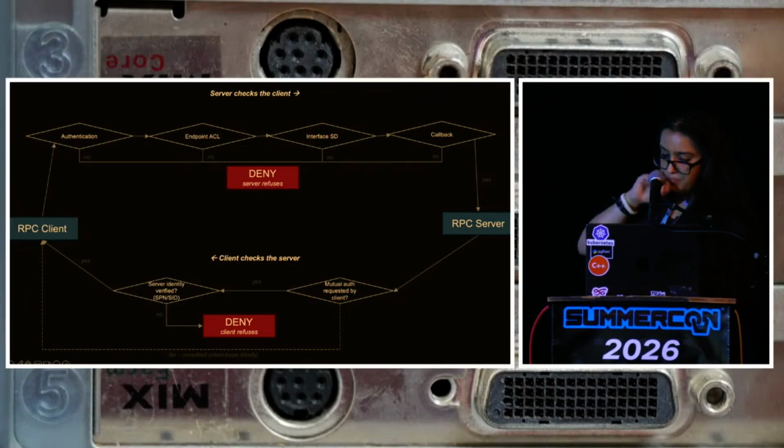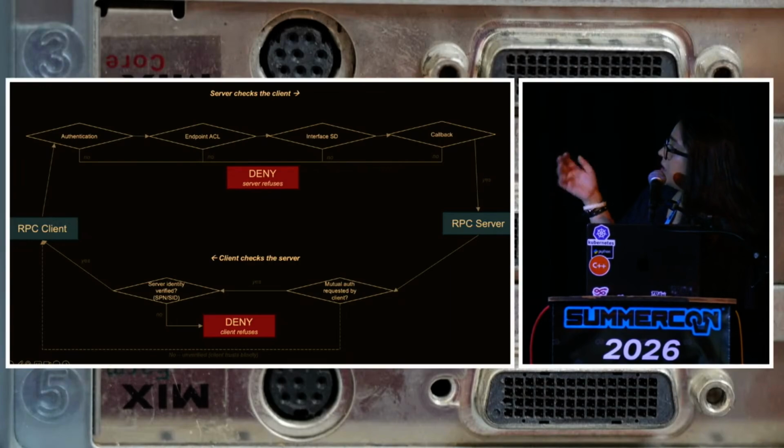There's various functions in the RPC runtime library that allow the server and the client to configure these security checks. So you can specify an access control list or a security descriptor for the various parts of your RPC server, like the endpoint and the interface, saying only this person should be able to access this part of my RPC server.